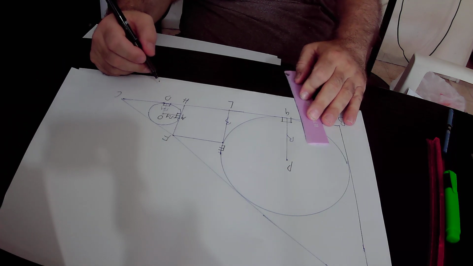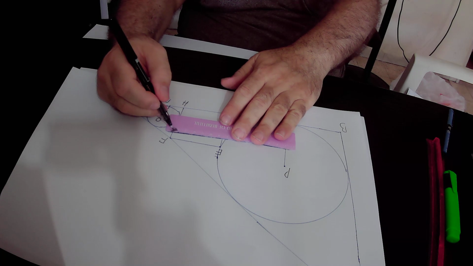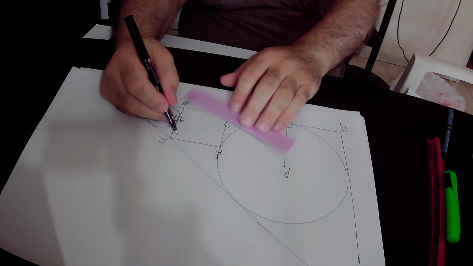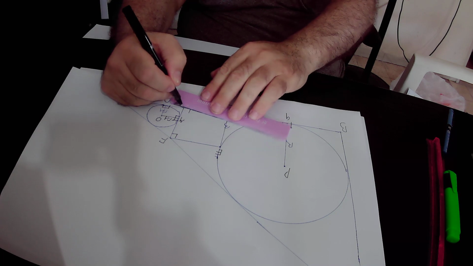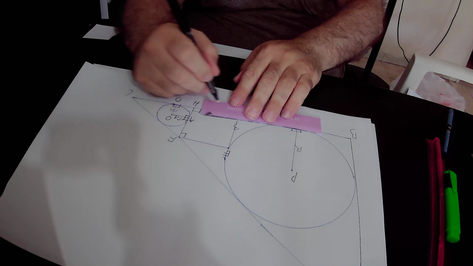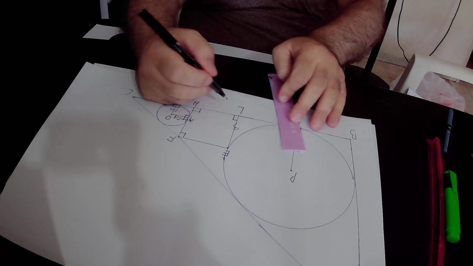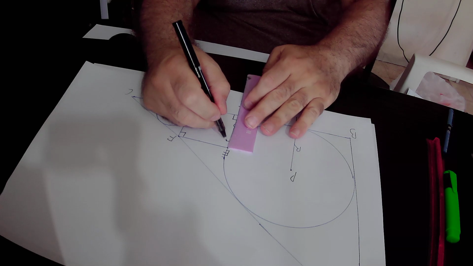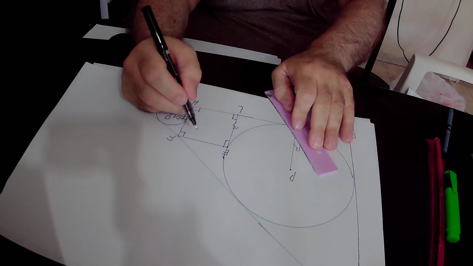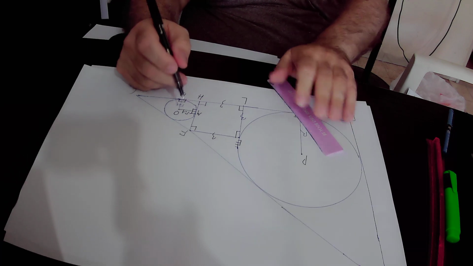We know that all the angles inside the square are right angles, so this angle will be equal to 90 degrees. This angle will also be equal to 90 degrees. This angle will be equal to 90 degrees, and this angle will also be equal to 90 degrees. Side EF equals 3 units, side LH equals 3 units.